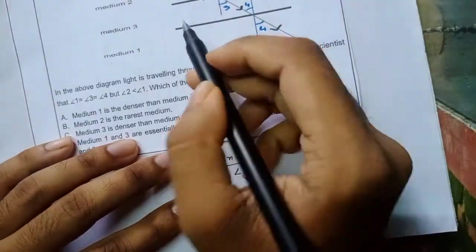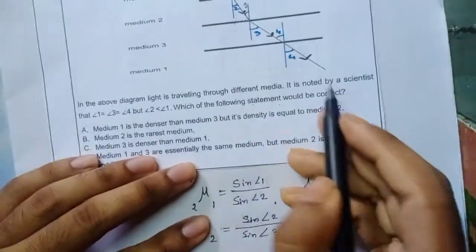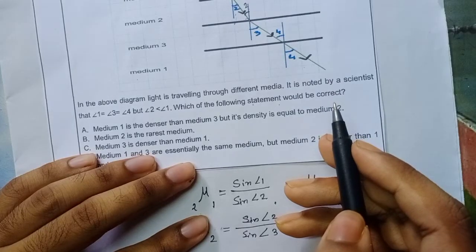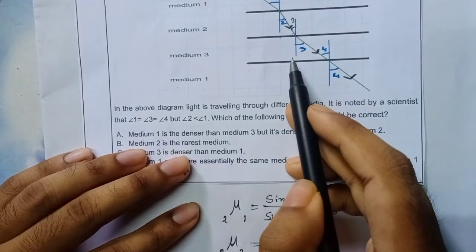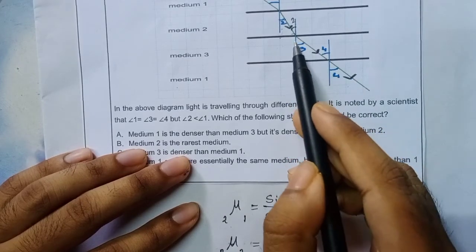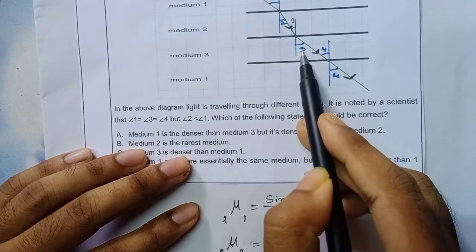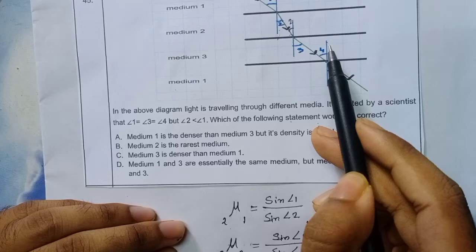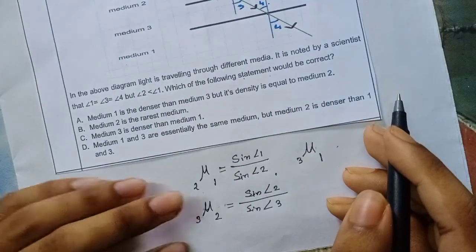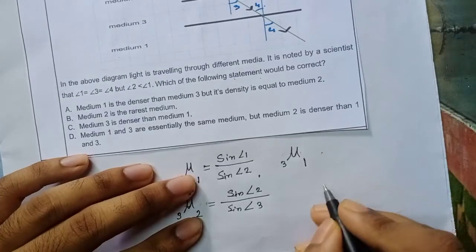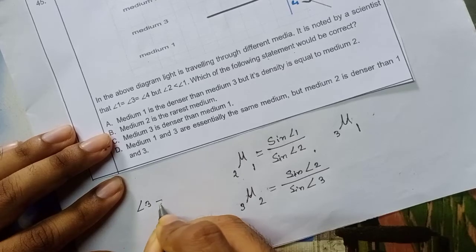Now 3 with respect to 1. Again here you can clearly see that this line and this line are parallel, so angle 3 must be equal to angle 4. So angle 3 equals angle 4.